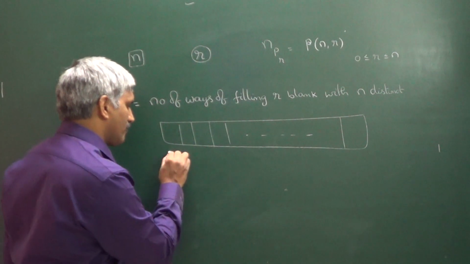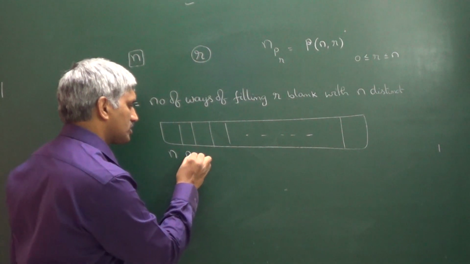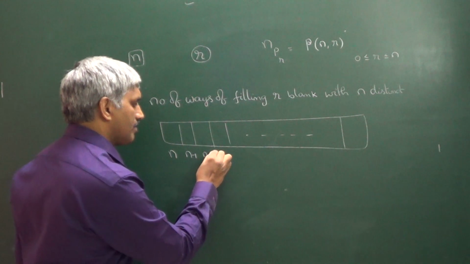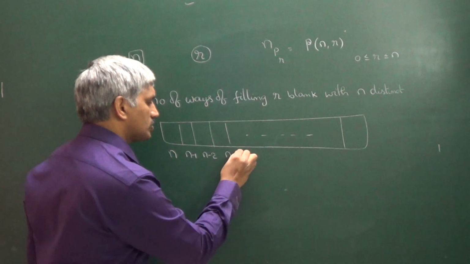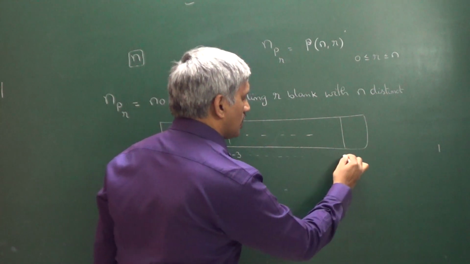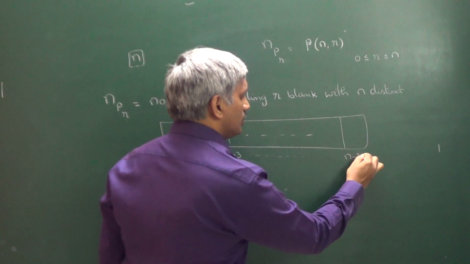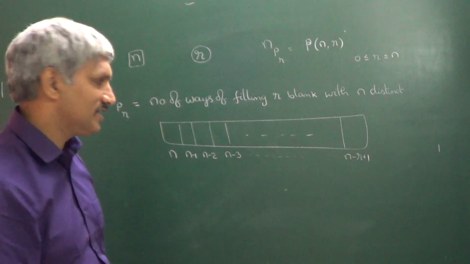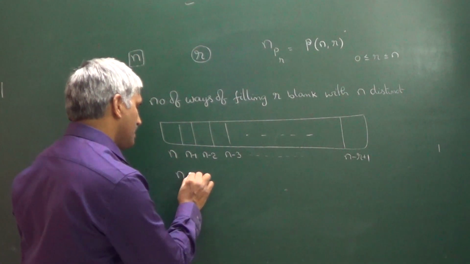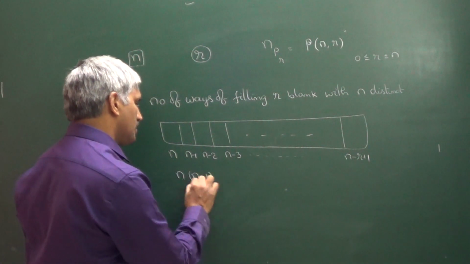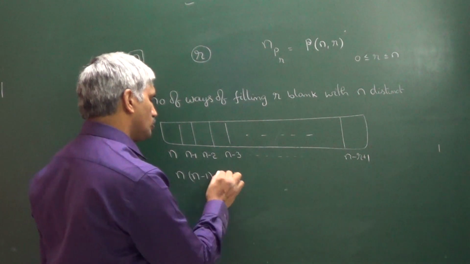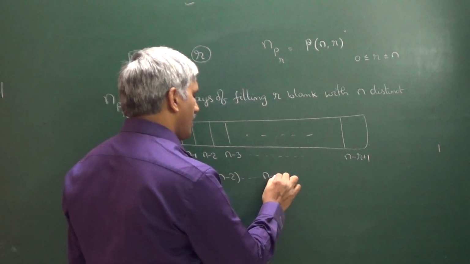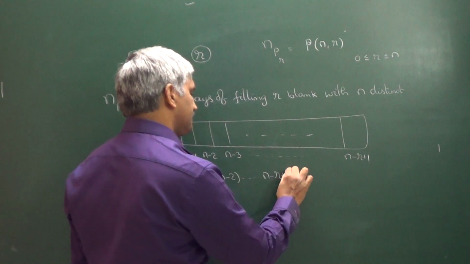This box can be filled in n ways. Next box in n minus 1 ways, n minus 2 ways, n minus 3 ways and so on. Last class also we discussed this last box can be filled in n minus r plus 1 ways. So that is nothing but n into n minus 1 into n minus 2 into and so on, n minus r plus 1.